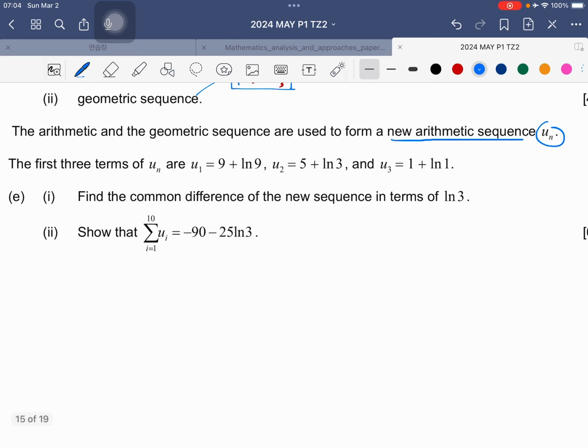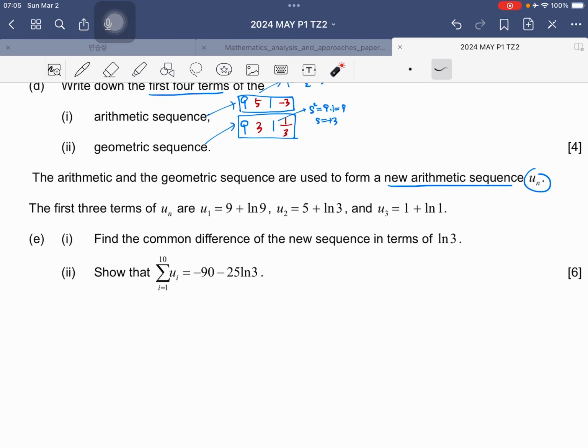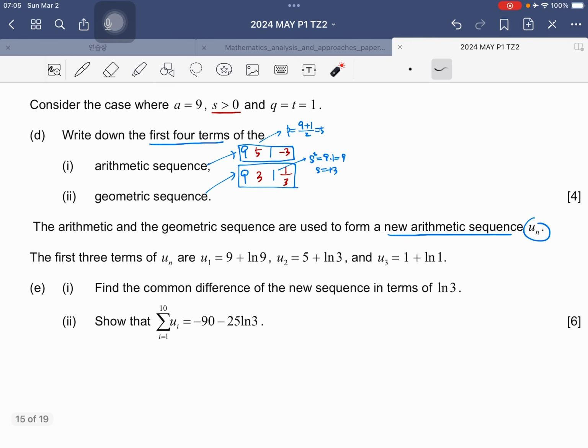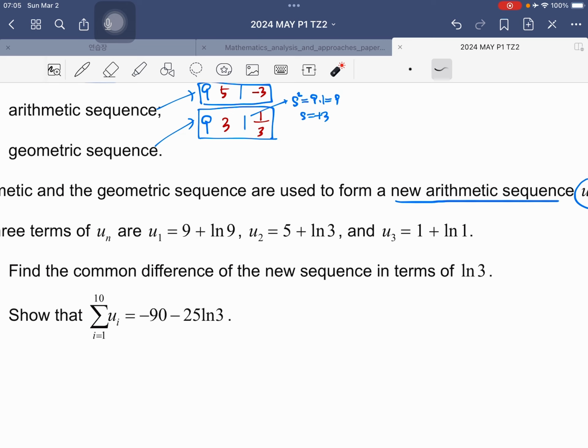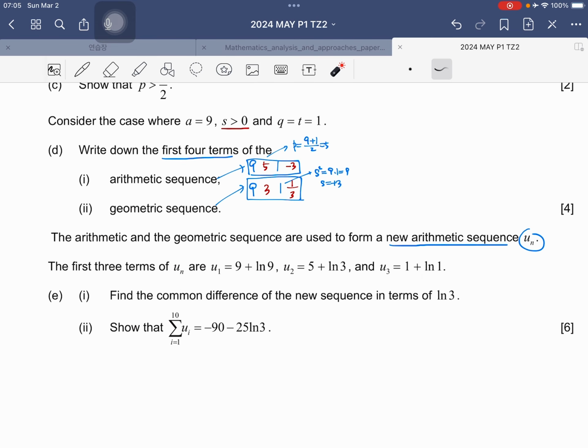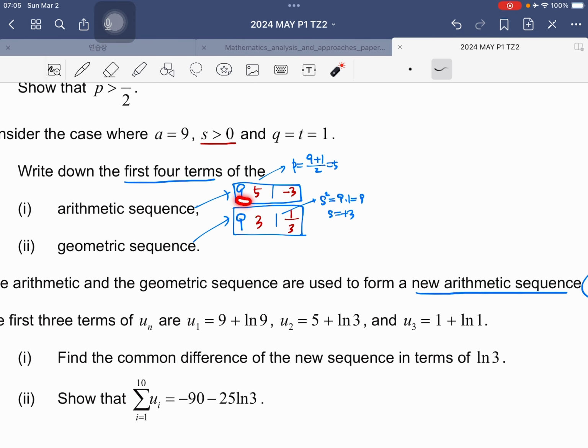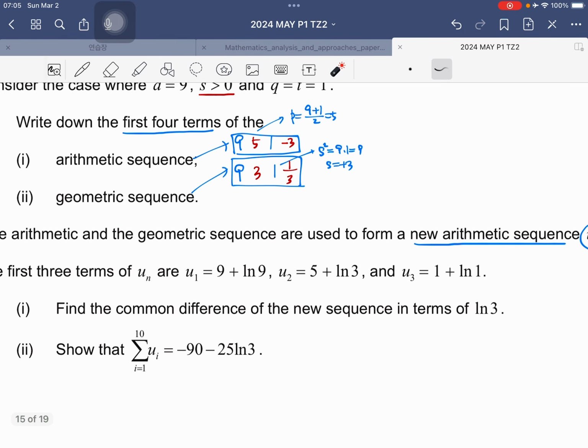U1 is 9 plus ln 9, U2 is 5 plus ln 3, U3 is 1 plus ln 1. As you see here, the new sequence starts with the integer part: 9, 5, 1, negative 3, going that way.